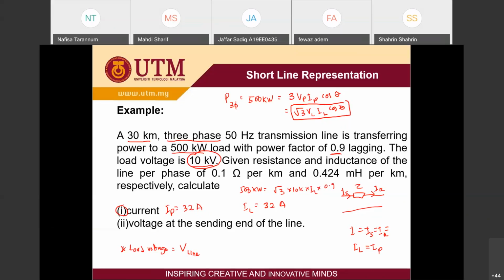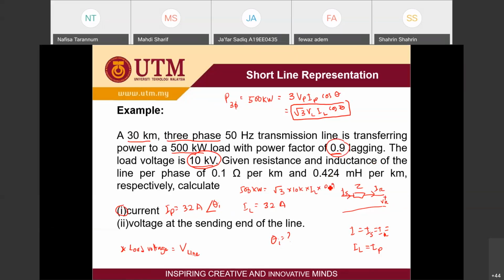Okay. And what about the angle? What is your theta I? The angle you can get from the power factor.